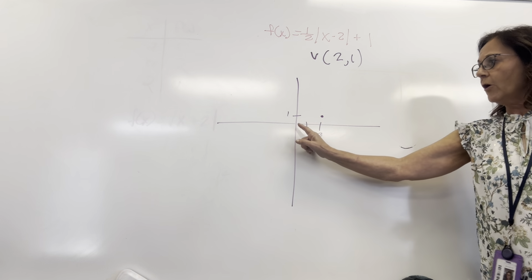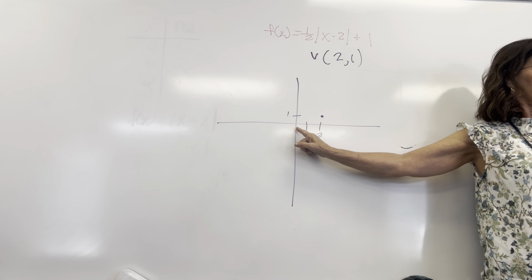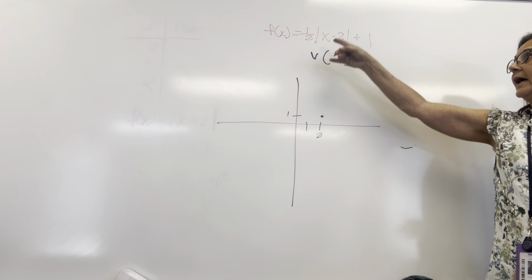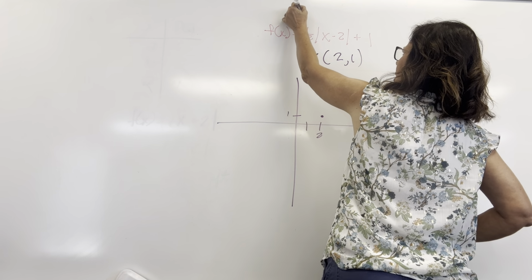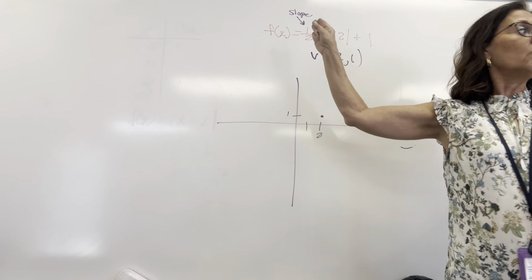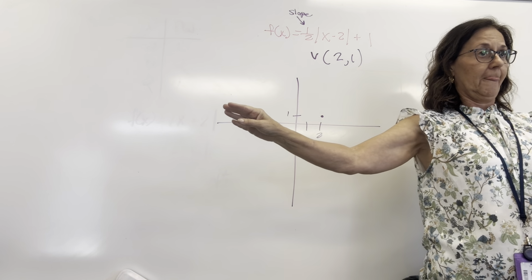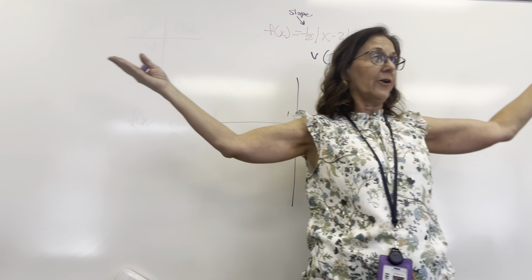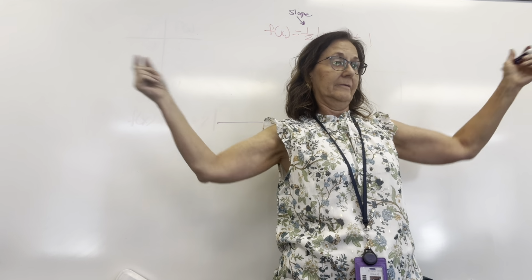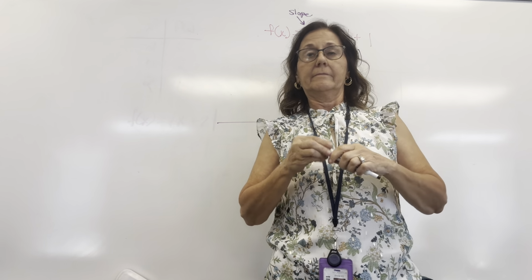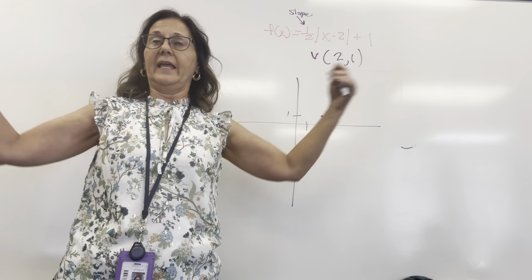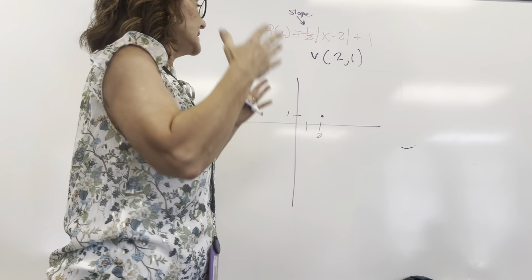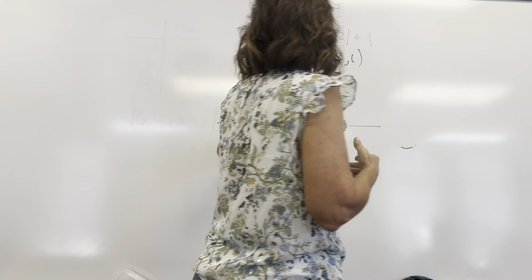Remember in the parent form, it was at 0, 0. Now, this becomes my slope. So we're going to rise 1 as we run 2. It's going to be a fatter V. Less than 1 makes it a wider V. Greater than 1 makes it a narrower V.